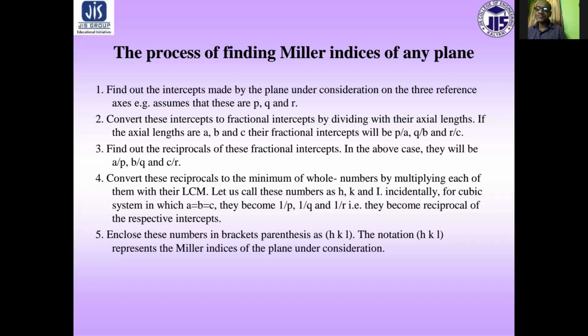That is, they become the reciprocals of their respective intercepts. Now the last step: enclose these numbers in parentheses as (H K L). The notation (HKL) represents the Miller indices of the plane under consideration.